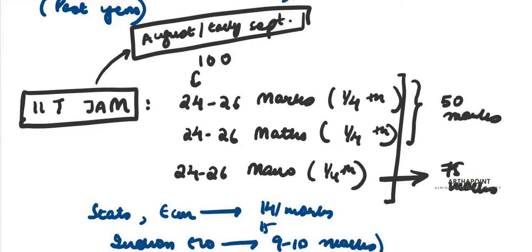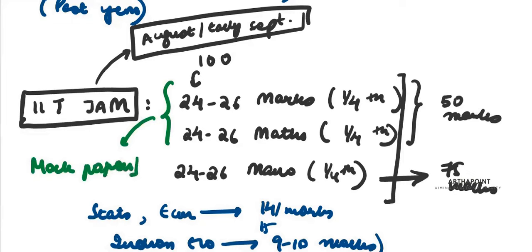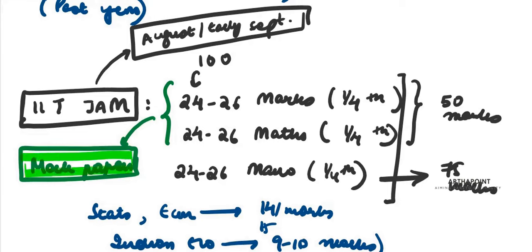So the aim is to do micro and maths early, and then while we are doing the remaining, you give mock papers on these on your weekends, so that by the time we reach December, you know that you already know these subjects well and thoroughly. You don't have to do anything more in these subjects now.